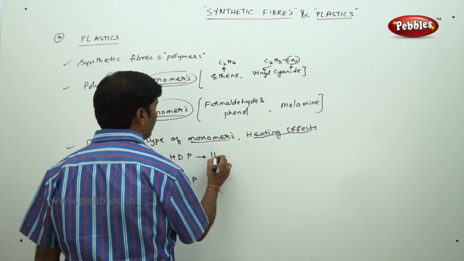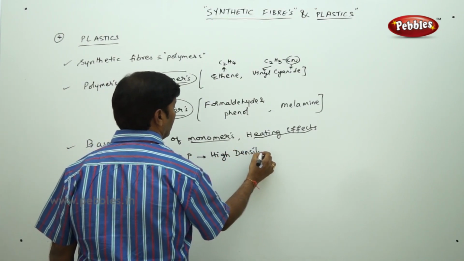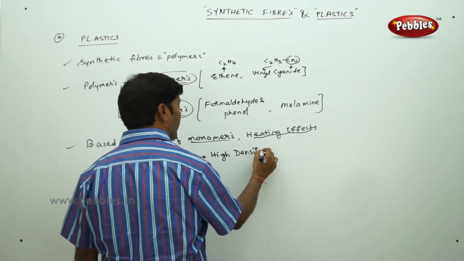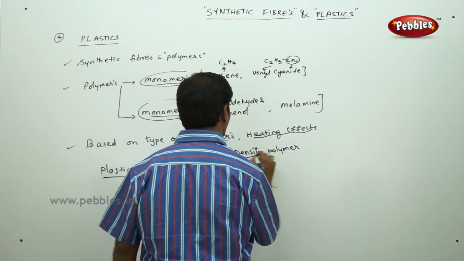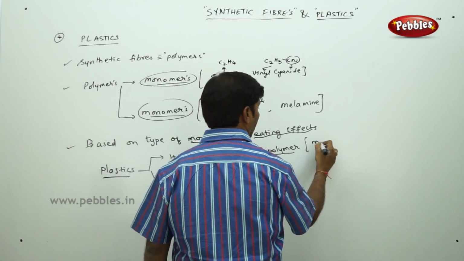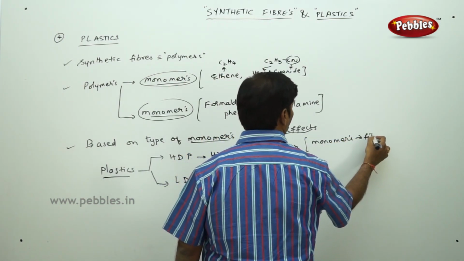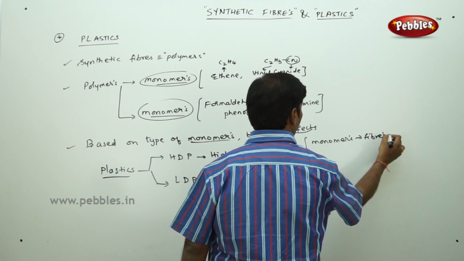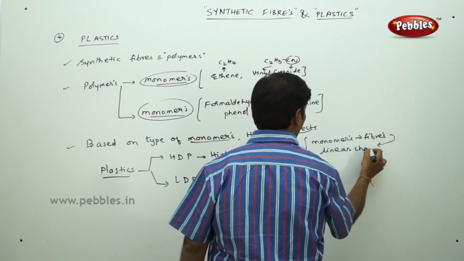HDP we call high density polymer. In high density polymer, you can find that the monomers in the form of fibers are in a linear chain pattern.